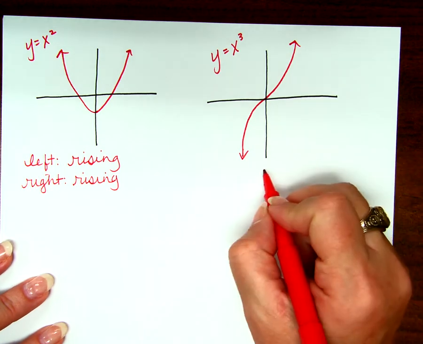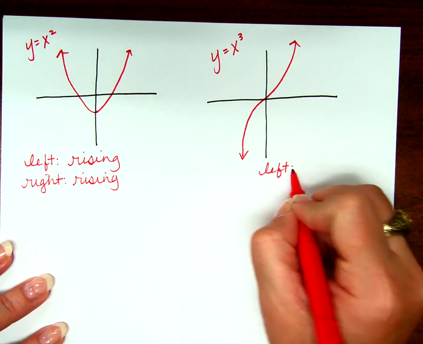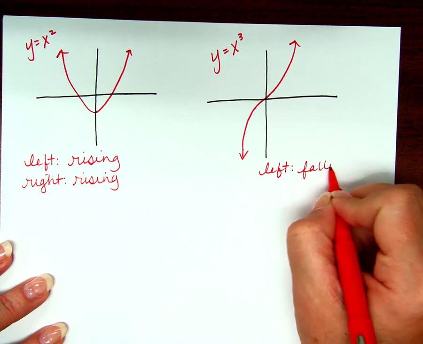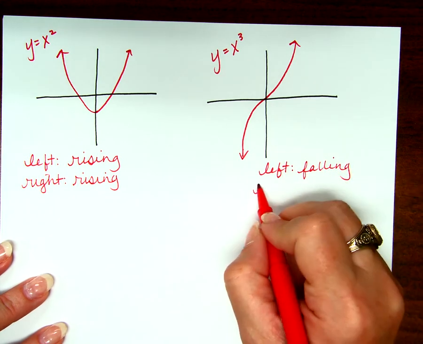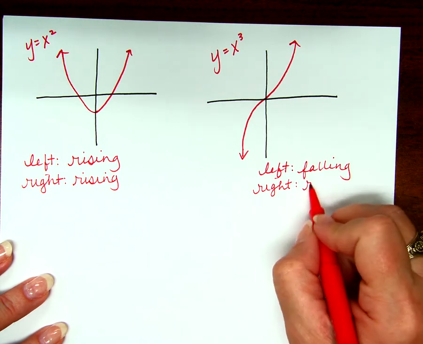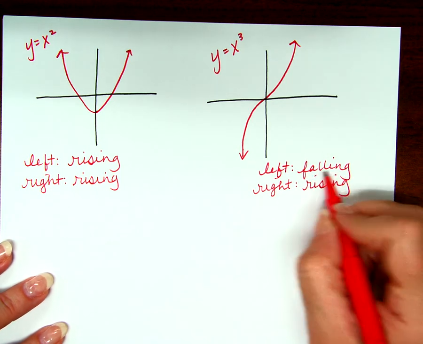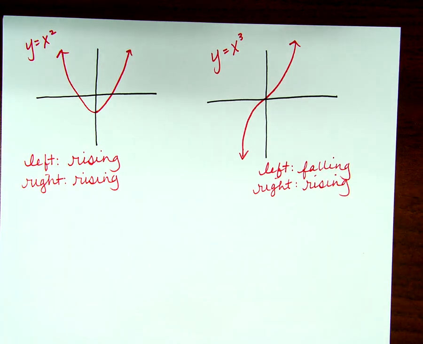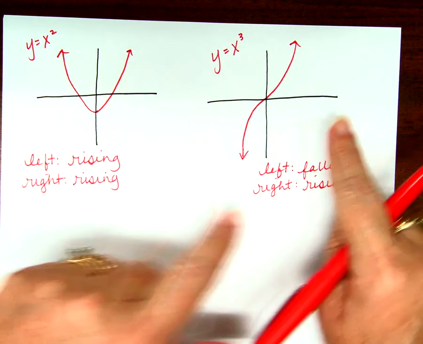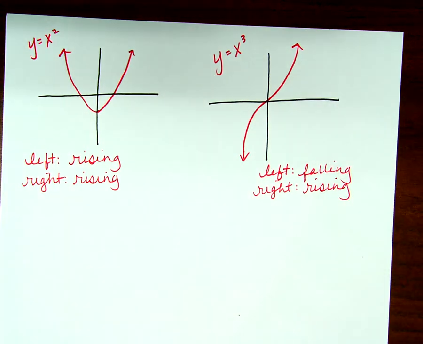What's happening on the left? It's decreasing or falling, right? And what's happening on the right? It's rising. Now, why would I choose these two as the examples for this? This one, they're doing the same thing, and this one they are doing opposite. Does that make sense?